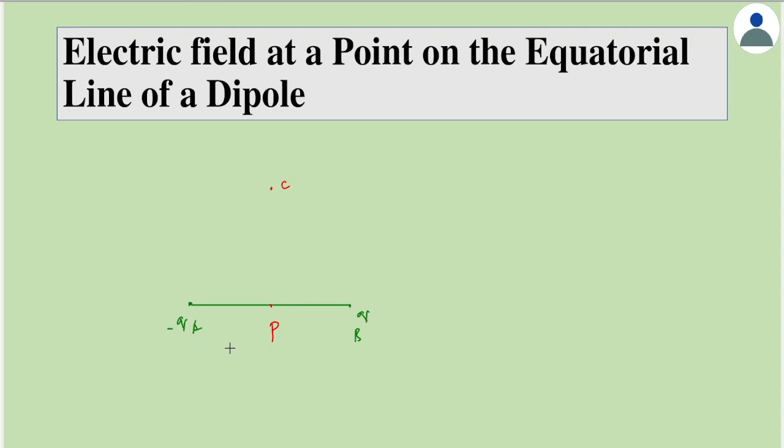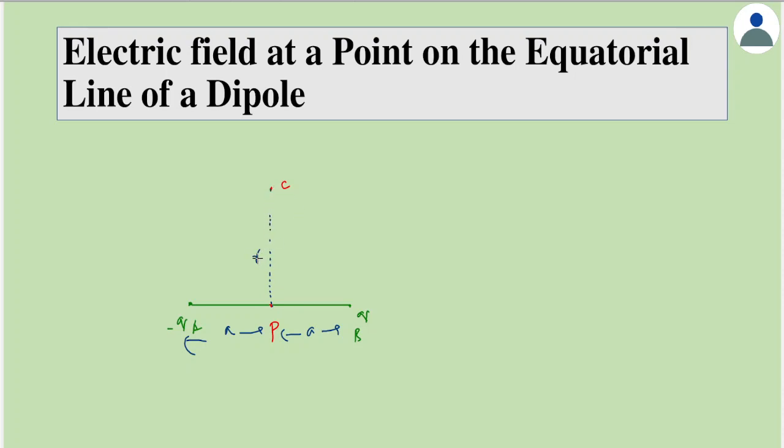The distance between the two charges is given as 2a. That would mean the distance between A and P would be a, and the distance between B and P would be a. Let the distance from the point P to the point where we need to find the field be small r.